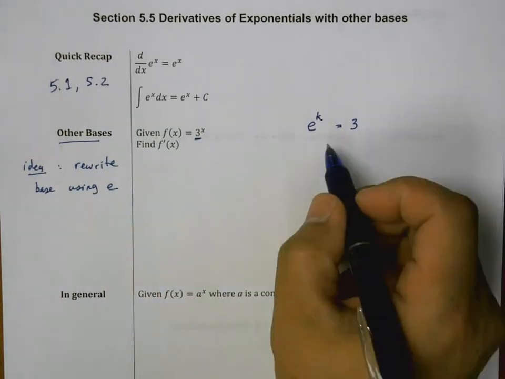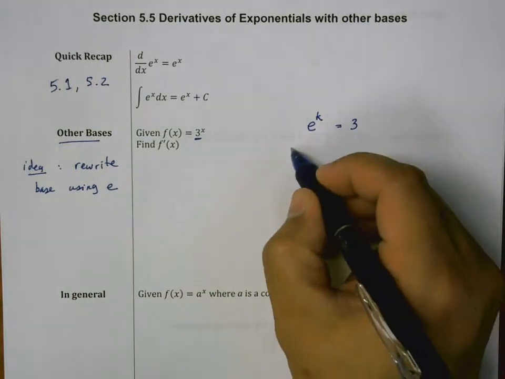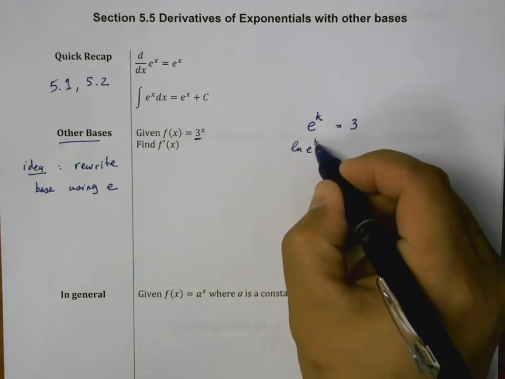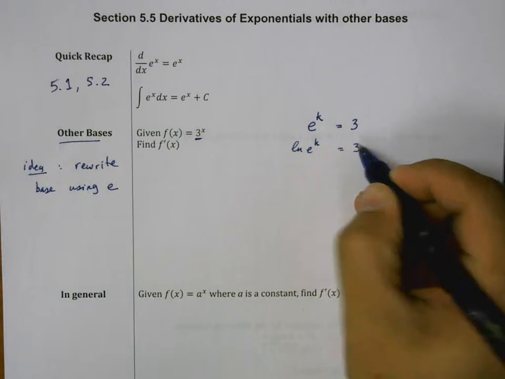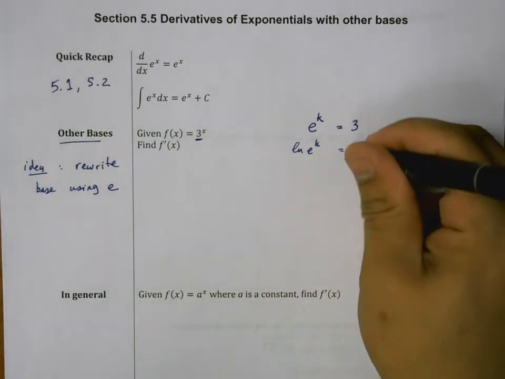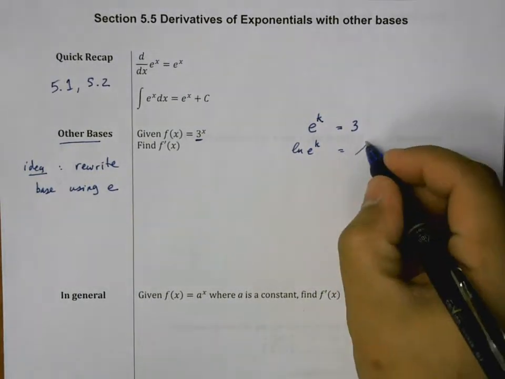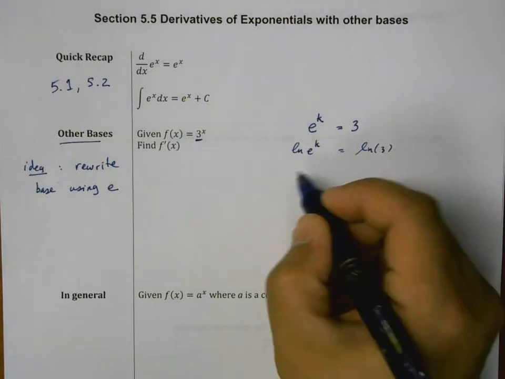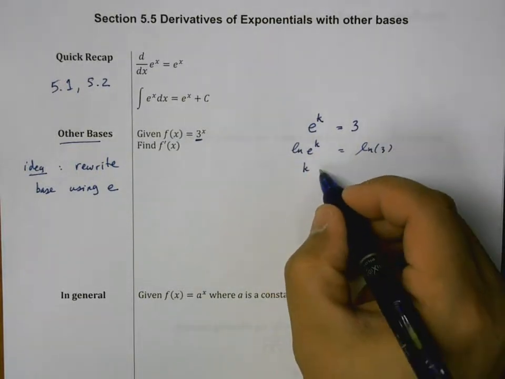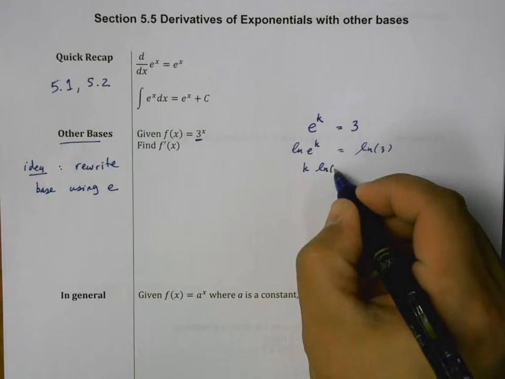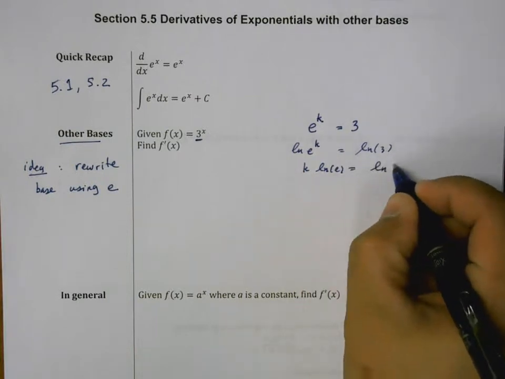So let's look at this. If I were to solve this equation, take the natural log of both sides. Whoops, this should be natural log of 3. Using the power rule, bring k out to the front.